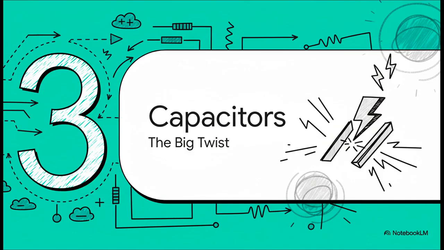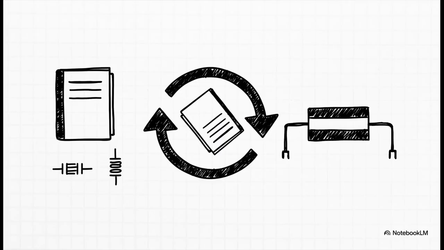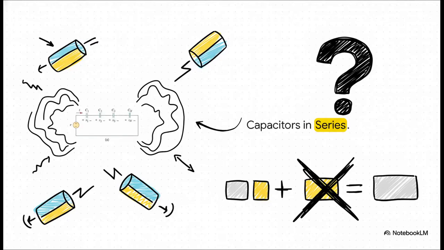But get ready, because our final component, the capacitor, is about to throw a wrench in everything. So here it is. Here's the big twist. Capacitors do the complete and total opposite of what we just learned. They take the rules for resistors and inductors and they just flip them completely upside down. This is the one big, giant exception you have to remember. So have a look at these capacitors in series.